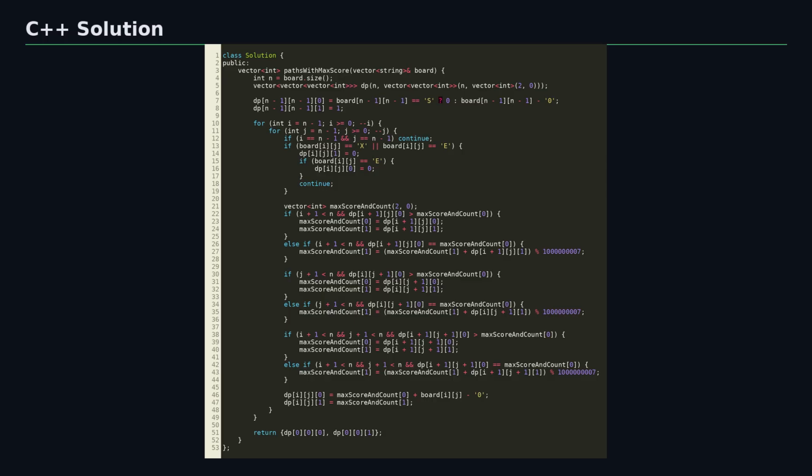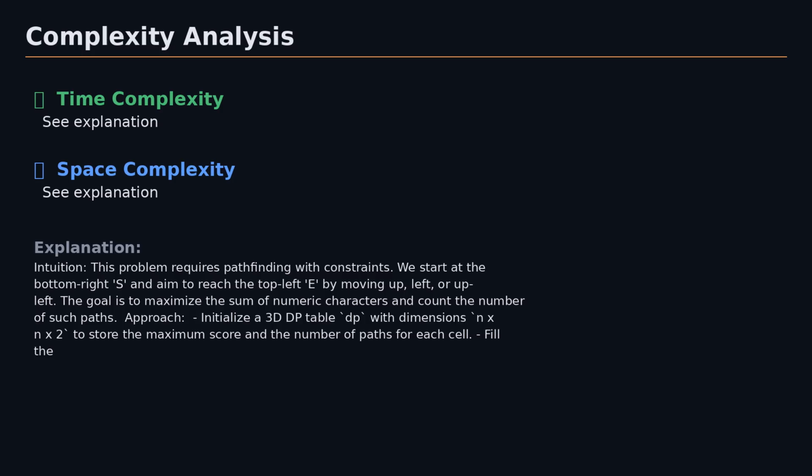Then, we consider moving up, left, or up left from the current cell, and we update the maximum score and the count of paths accordingly. We use a temporary variable called max score and count to store the maximum score and the count of paths for the current cell, and then we update the DP table with these values. Finally, we return the maximum score and the count of paths at the top left cell.